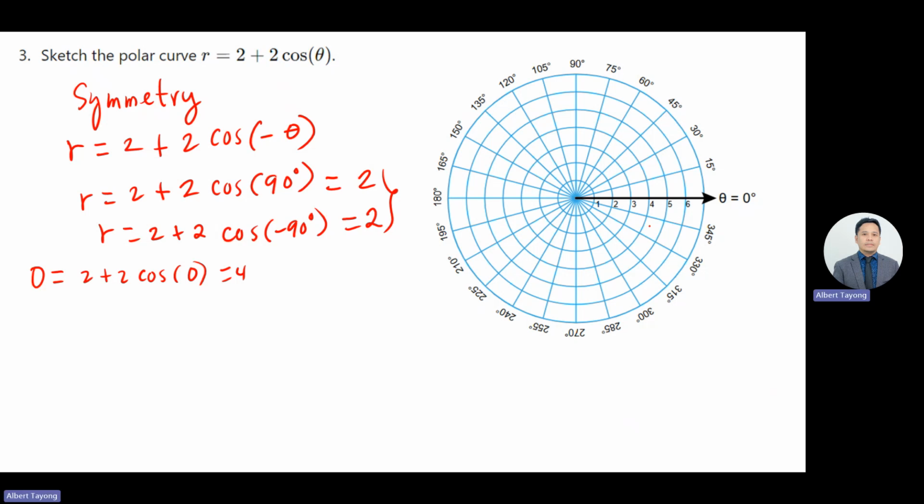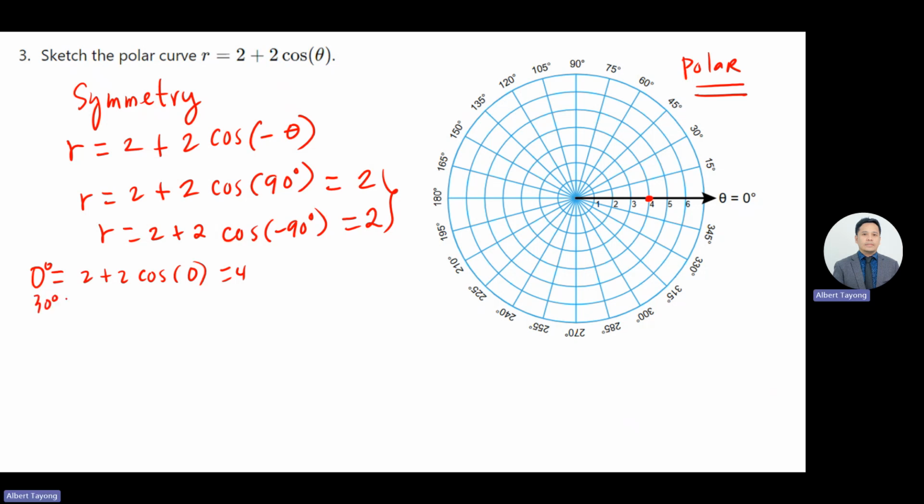Okay, so it's here. This is our plane. Actually, when we talk about polar coordinates, this is our system. So it's entirely different compared to the Cartesian plane. All right, so for 0 degree, the answer is 4.